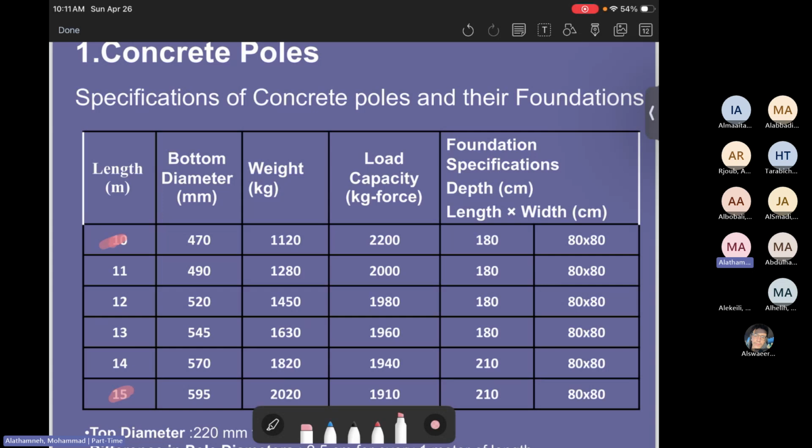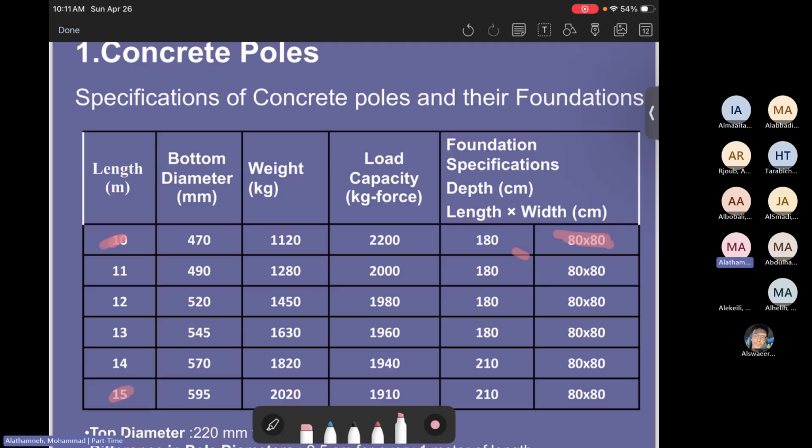Each length has its own bottom diameter, its own load capacity, and foundation specifications as we can see here. The width and the length of the foundations are almost the same for all, and the depth of the foundation is fixed.